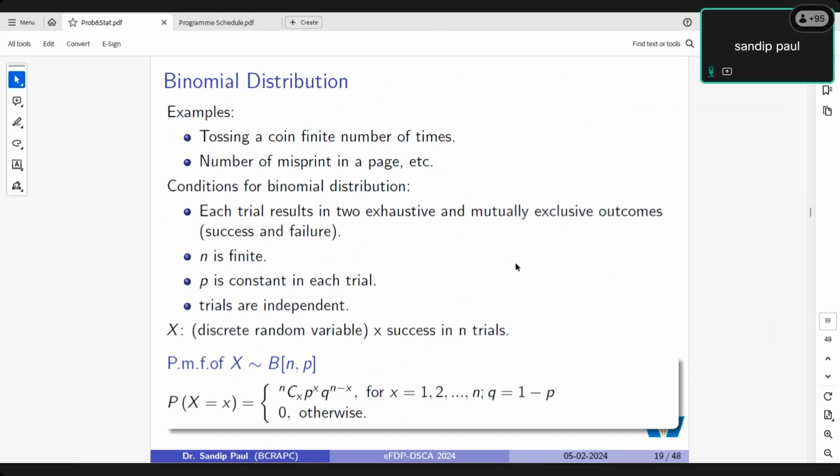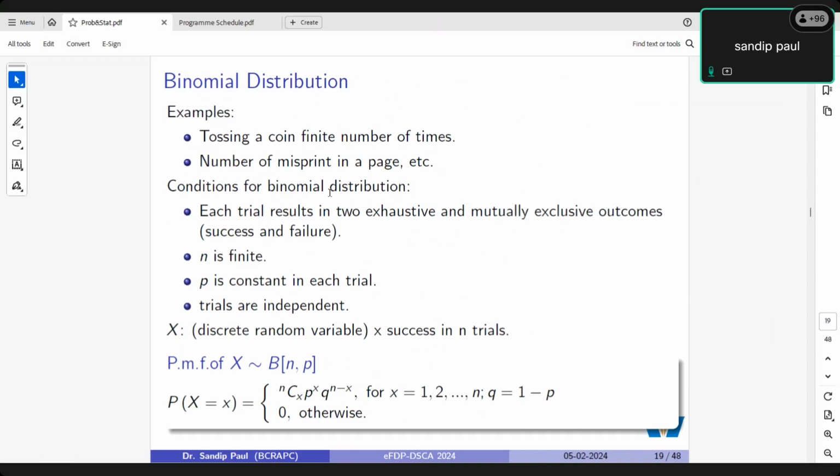So first, it is a discrete random variable, and the number of values is countable. That means we will get a maximum value of x. In that case we can apply the binomial distribution.